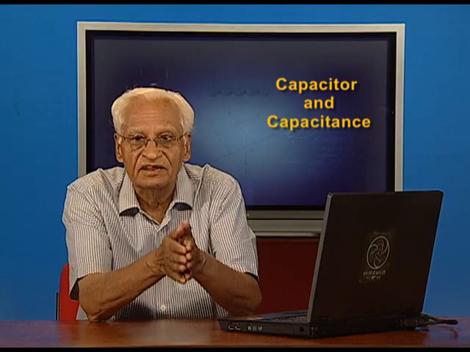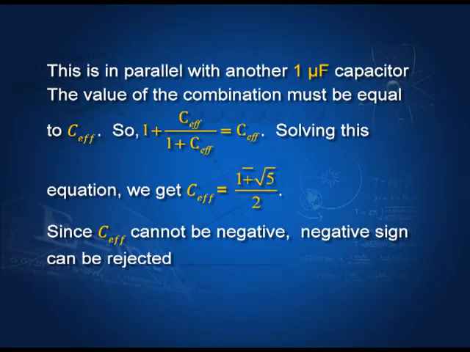Capacity cannot be negative, and therefore, we accept the value (1 plus root 5) by 2. So, this infinite system of capacitors of 1 microfarad each has the capacity equal to (1 plus root 5) by 2. The negative sign, of course, has been neglected because the capacity cannot be negative.